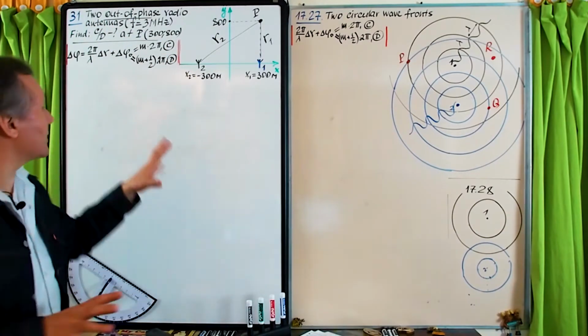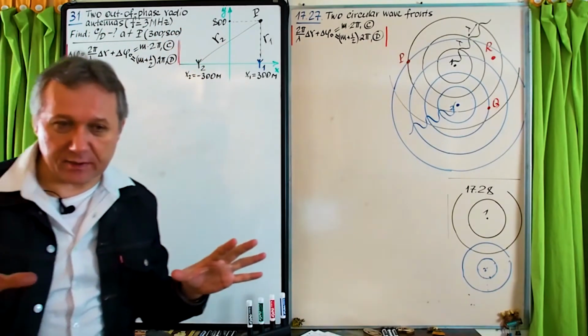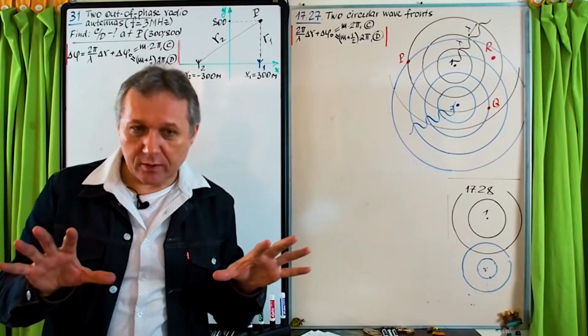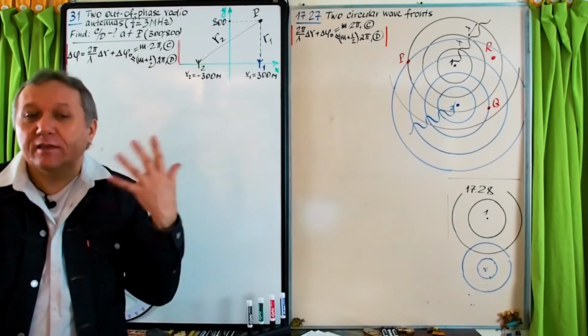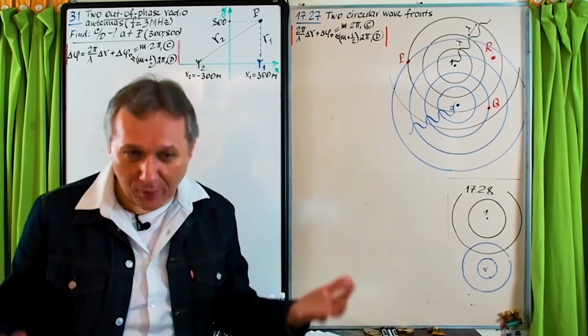If the problem says out of phase, like in our case, it should tell you immediately that the inherent phase difference is pi.